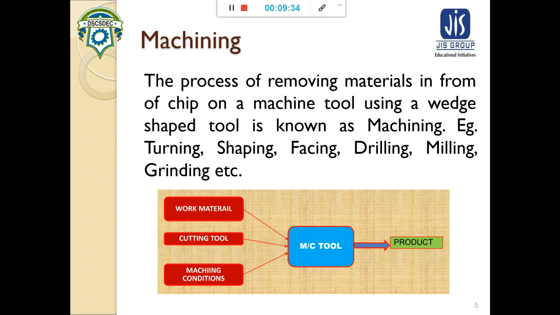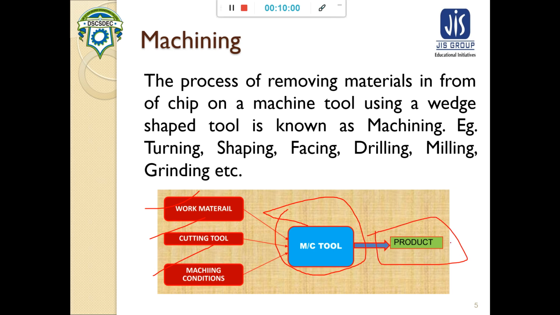In machining there are various parameters, such as the work material, the cutting tool, and the machining conditions, and these three come together along with the machine tool, and it can give the finished product. This finished product is known as the machined product.